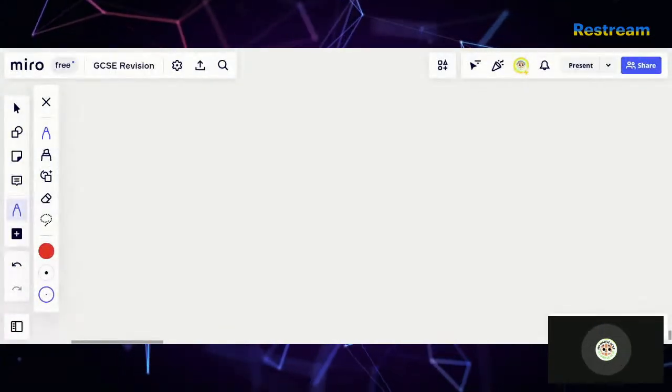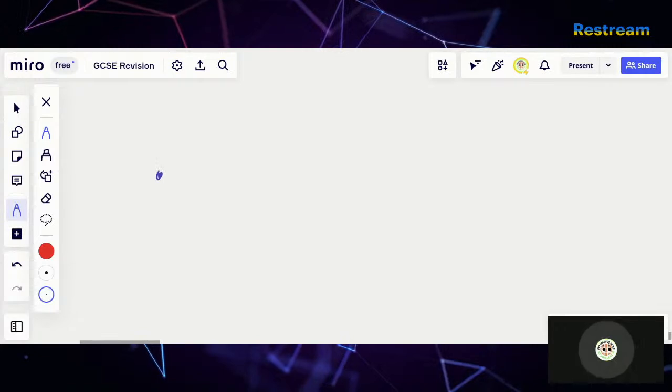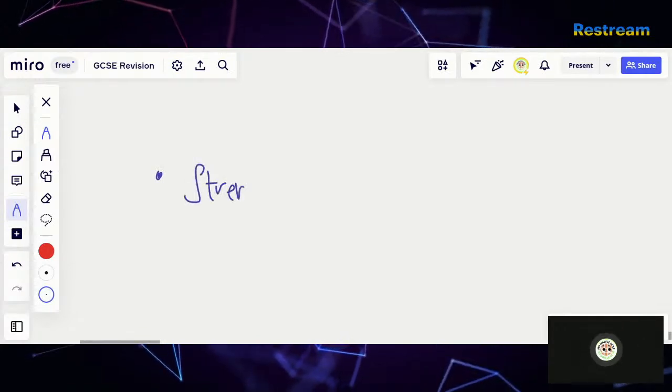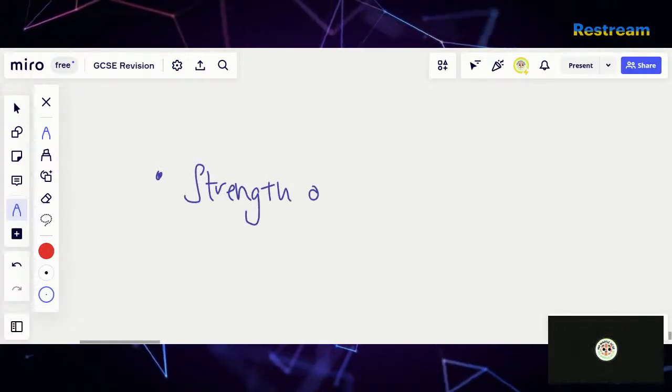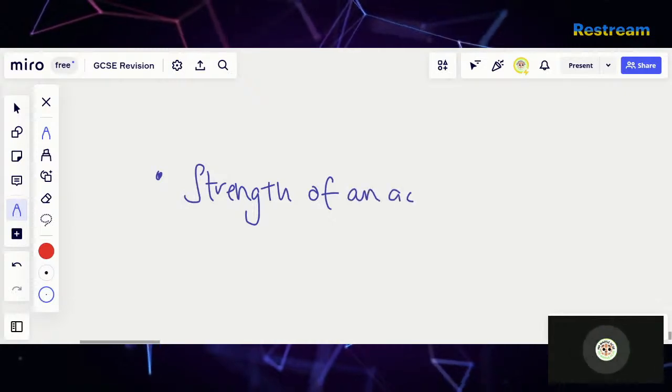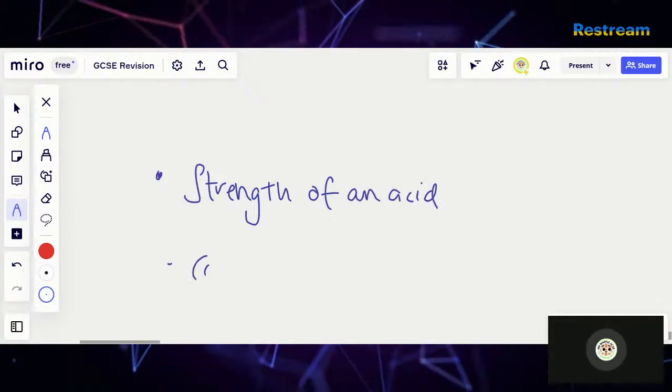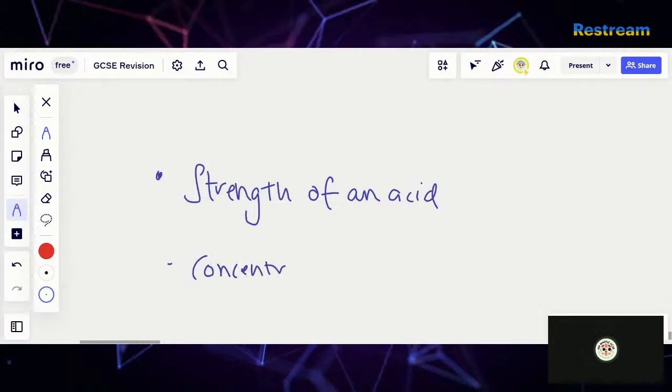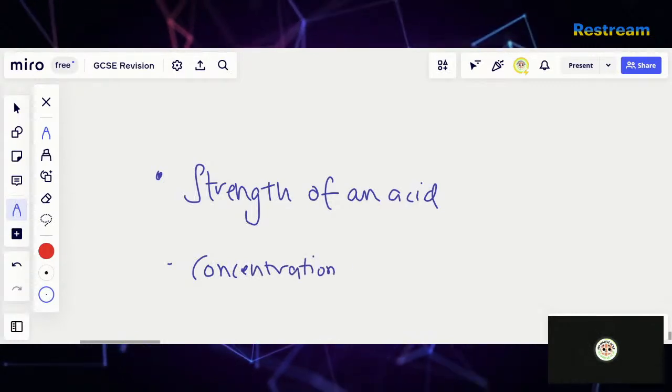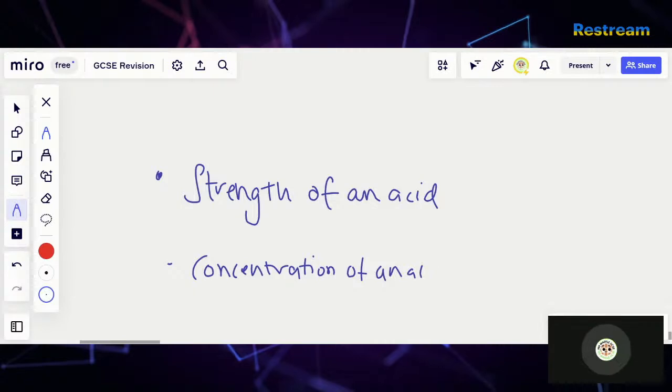So let me show you here now. You need to know that the strength of an acid is not the same thing as the concentration of an acid. They're not the same thing.